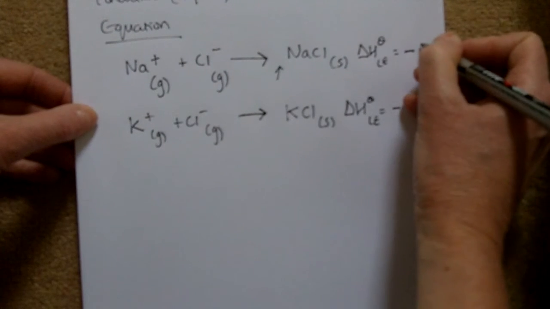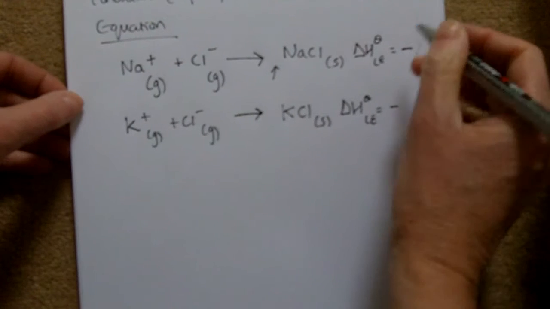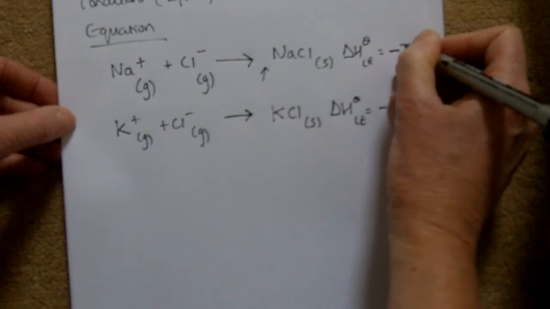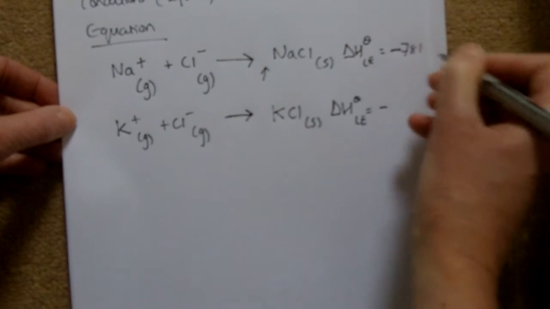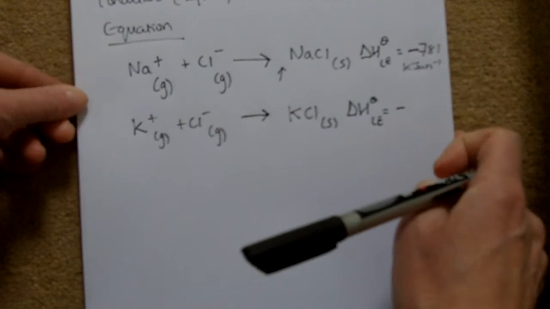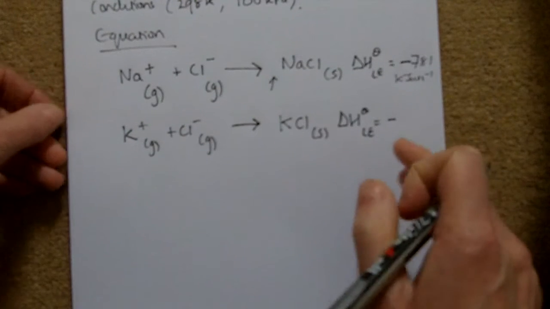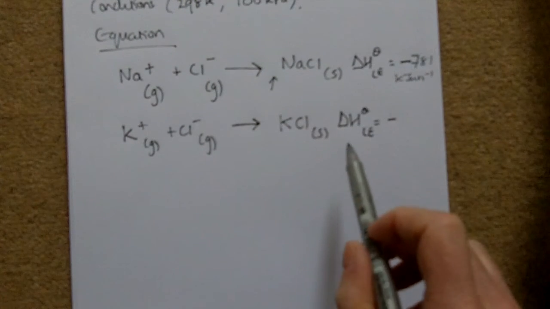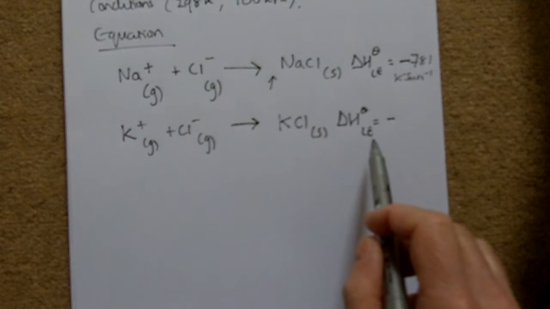So if they tell you that sodium chloride, for example, is minus 781 kilojoules per mole, okay, that's the value for sodium chloride. But relative to that, what's the value for potassium chloride going to be?